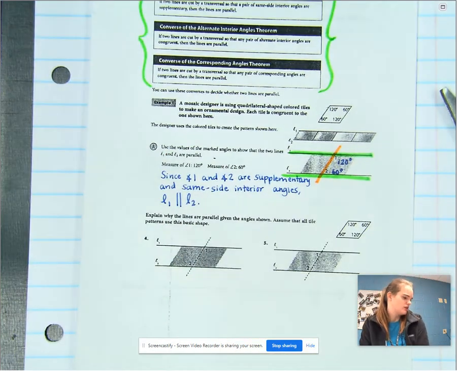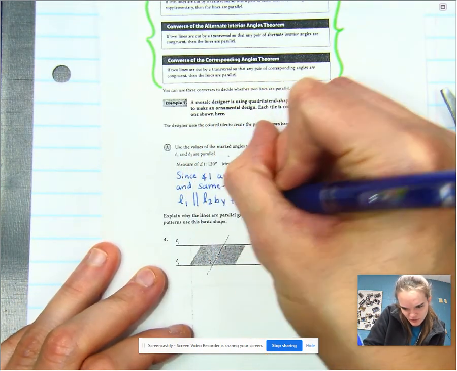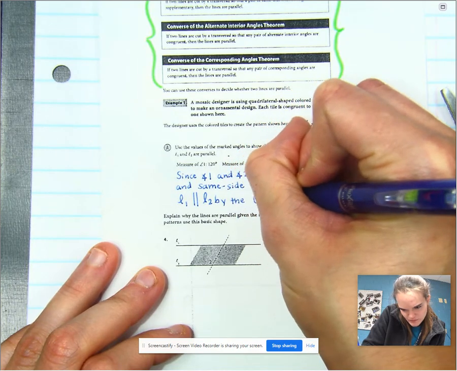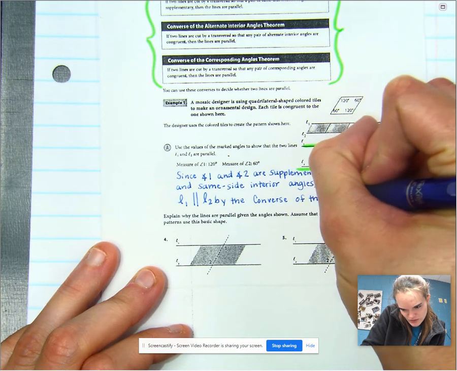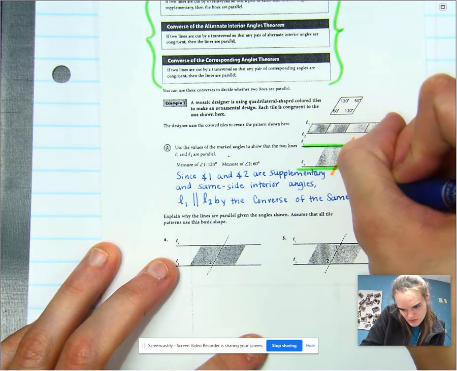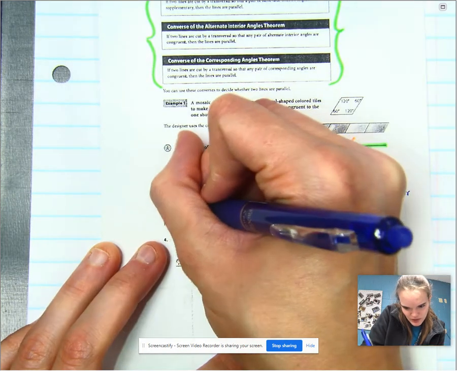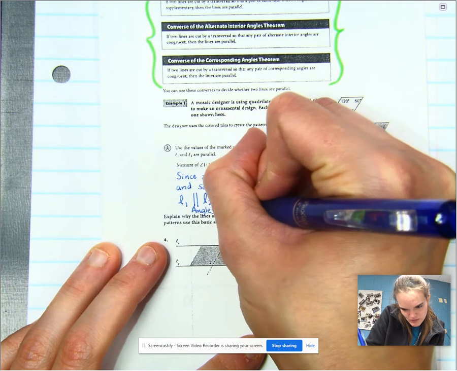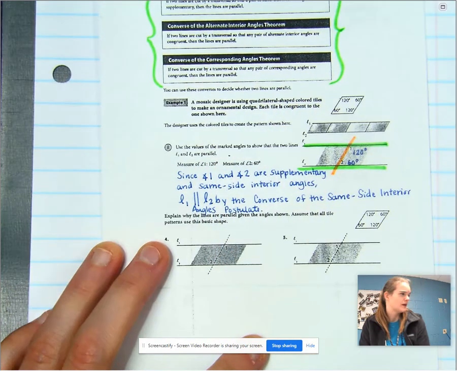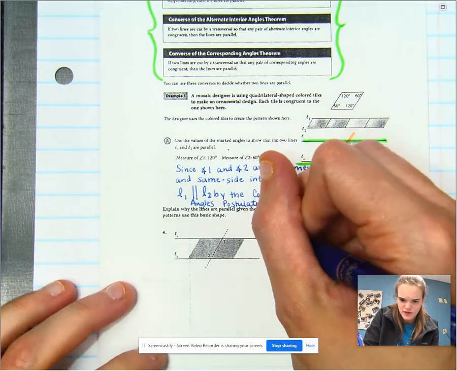So that's what I'm trying to do. Yes, it will be a sentence, and the reason is by the converse of the same side interior angles postulate. I'm writing sentences to explain why they are parallel. Okay, there's my sentence. We're going to do 4 and 5 the same way.